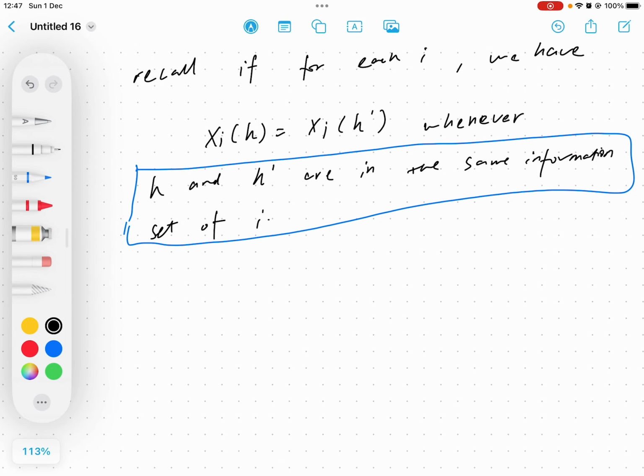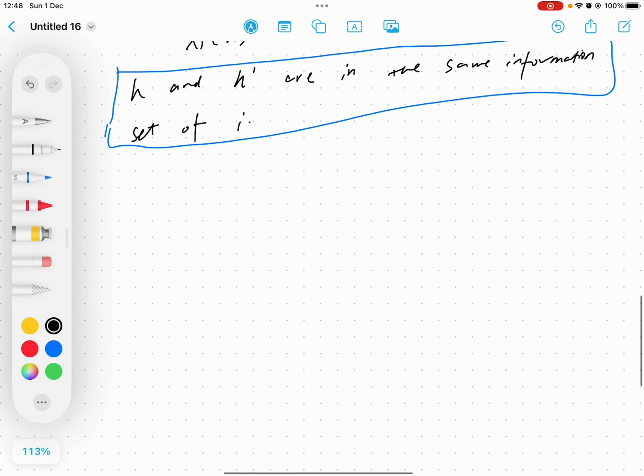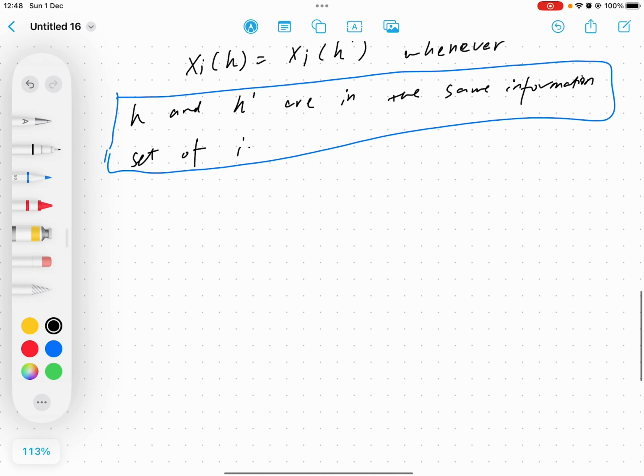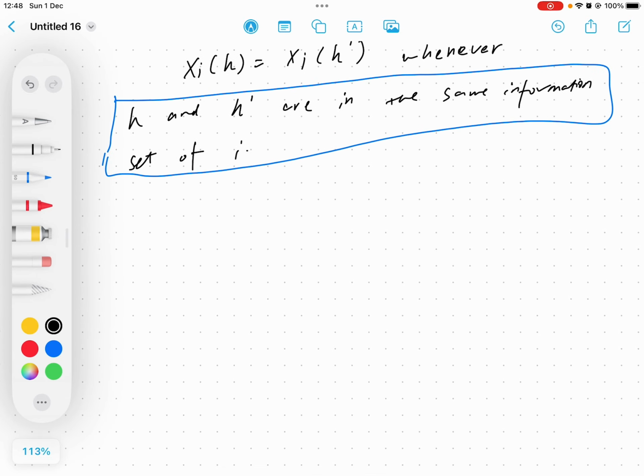Now let's move on and discuss some examples that we might have shown previously, and also some new examples, to help us understand this definition. Example 1. Let's use this old example from last time.